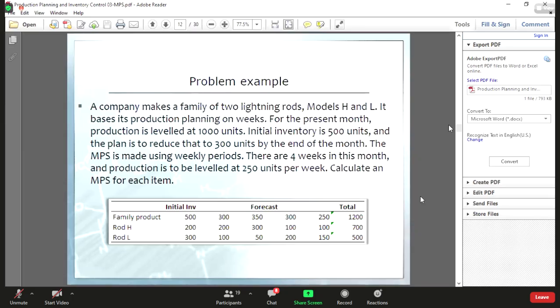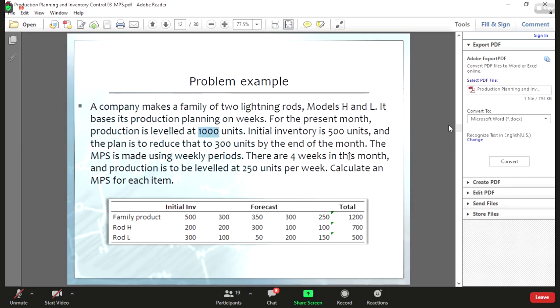Problem: a company makes a family of 2 lighting rods, model H and model L. It bases its production planning on weeks. It means that we need to arrange the production plan on weeks, not month. For the present month, the production is leveled at 1,000.